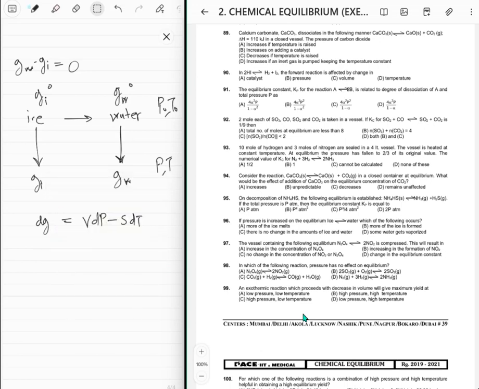Now the cool thing about liquids and solids is that their volume stays constant and their entropy also stays roughly constant. In fact, in this case we are not even talking about temperature really, so dT would just be 0. So hey, look at that, this term is just gone.